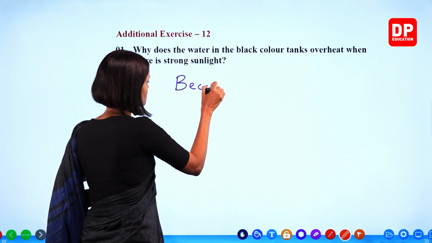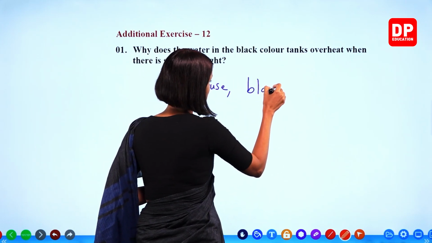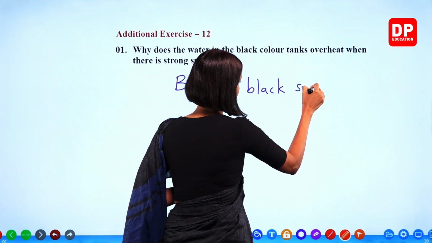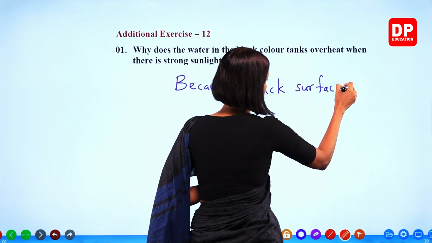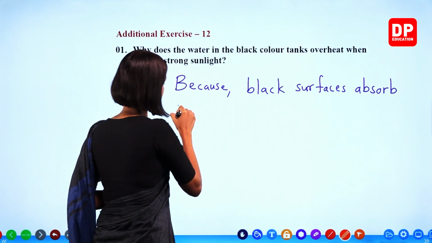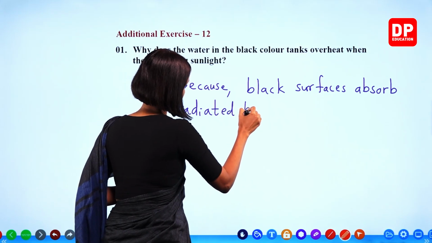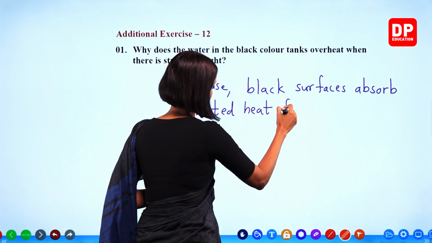Because black surfaces absorb radiated heat fast.